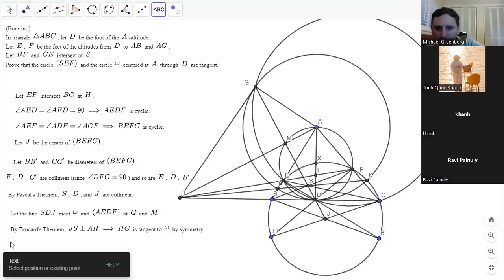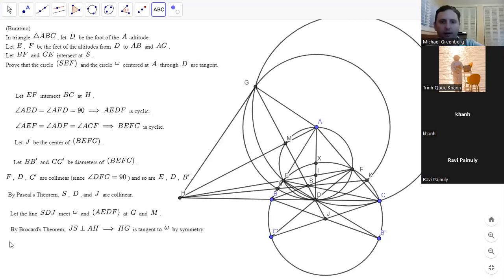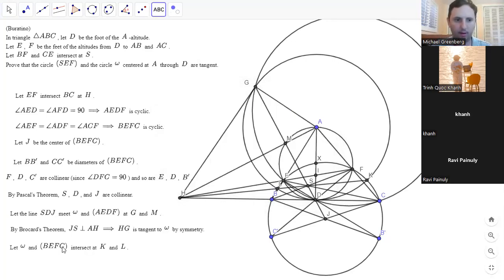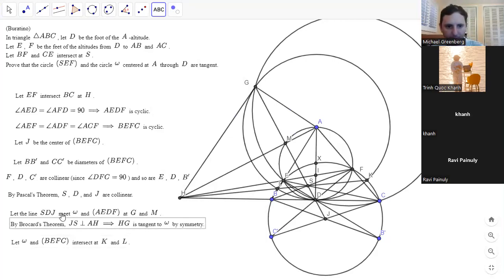So let omega and BEFC intersect at K and L. I'm going to just try to write this up as quick as I can.